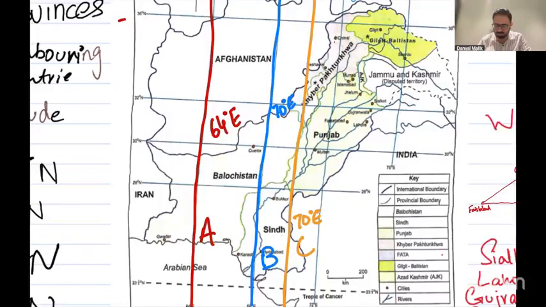Then line D is basically intersecting KPK.